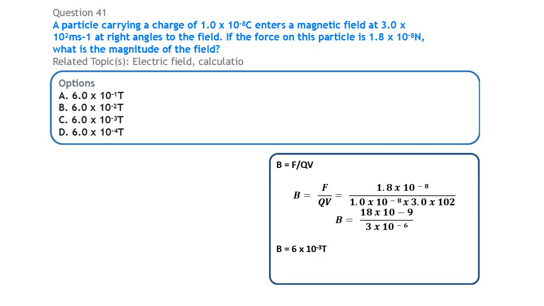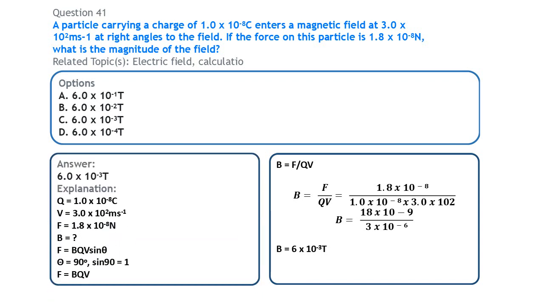Next, on electric field: a particle carrying a charge of 1.0 times 10 raised to power minus 8 coulombs enters a magnetic field at 3.0 times 10 raised to power 2 meters per second at right angles to the field. If the force on this particle is 1.8 times 10 raised to power minus 8 Newton, what is the magnitude of the field?